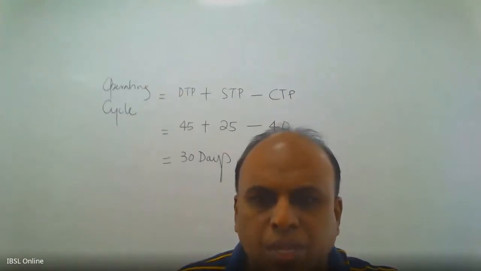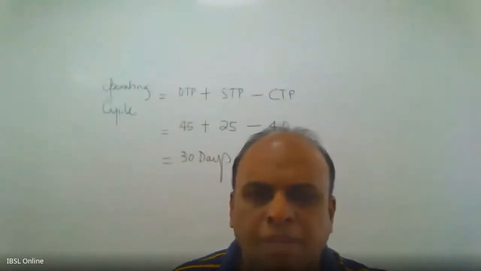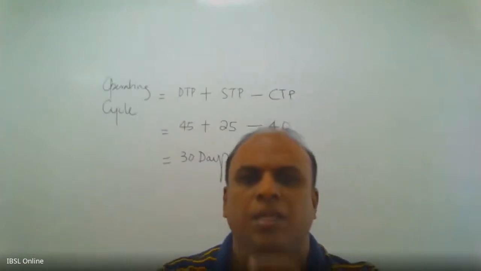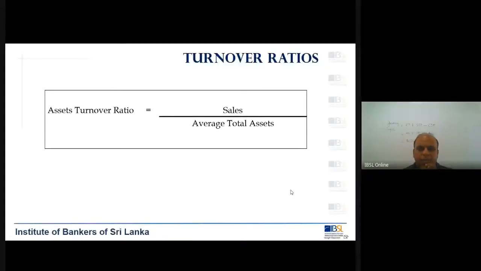And the last ratio that we are supposed to look at is the asset turnover ratio, which is sales divided by average total assets. Okay. So these are commonly the ratios that we go through for a business concern.